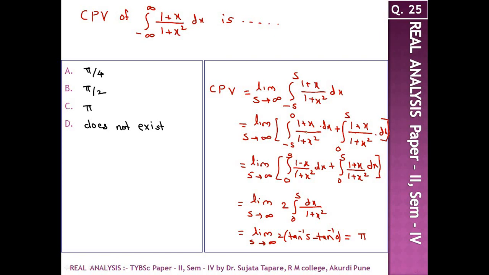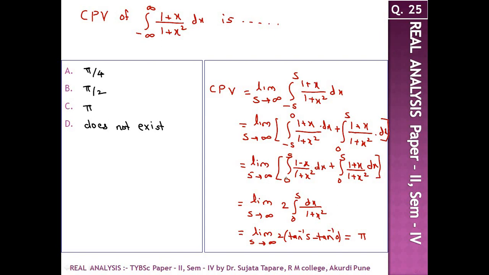Now replace x by minus x in the first integral. So when x is replaced by minus x, dx will be minus dx. So over here 1 minus x divided by 1 plus minus x square, which is x square, and minus dx. So we have a minus sign over here.